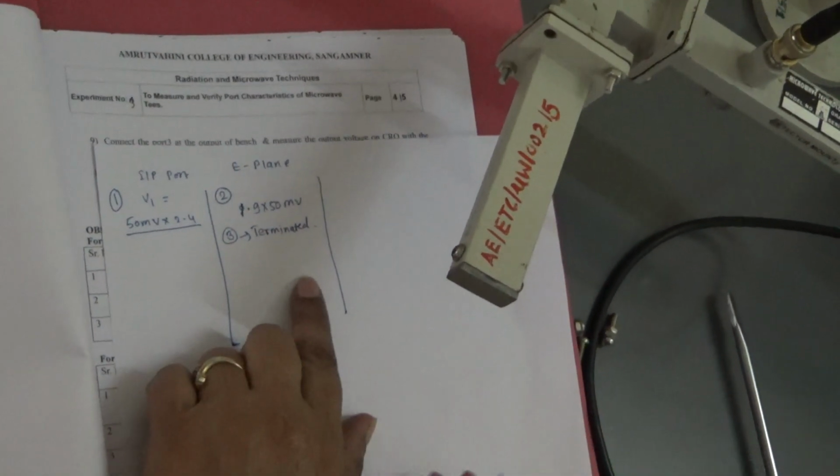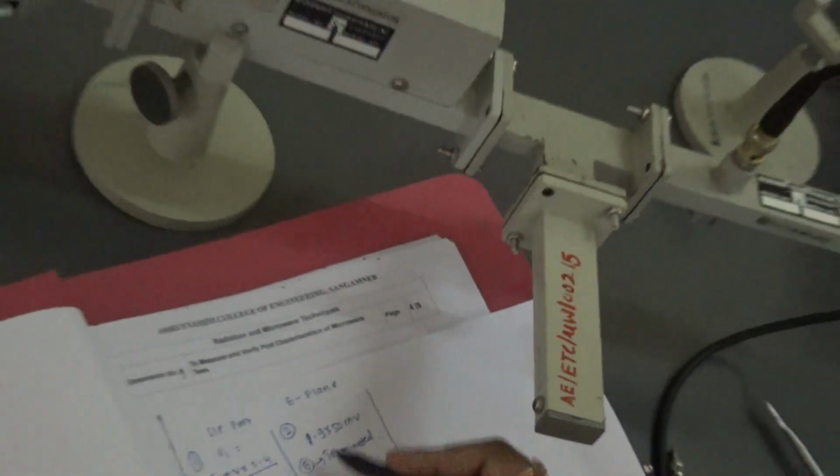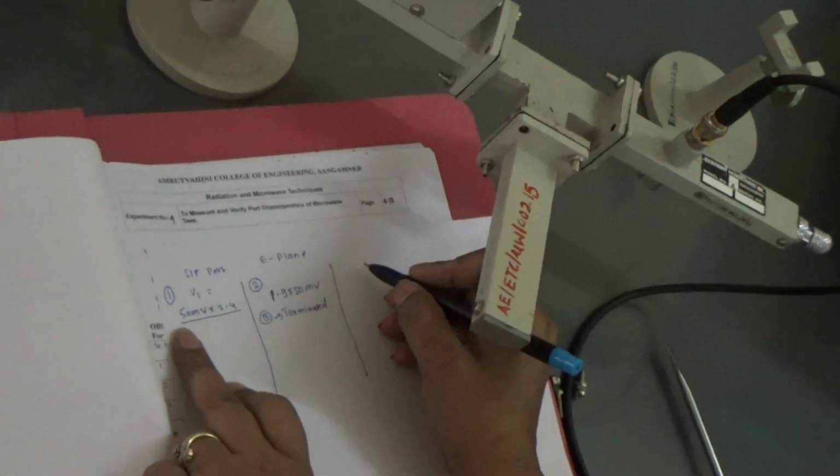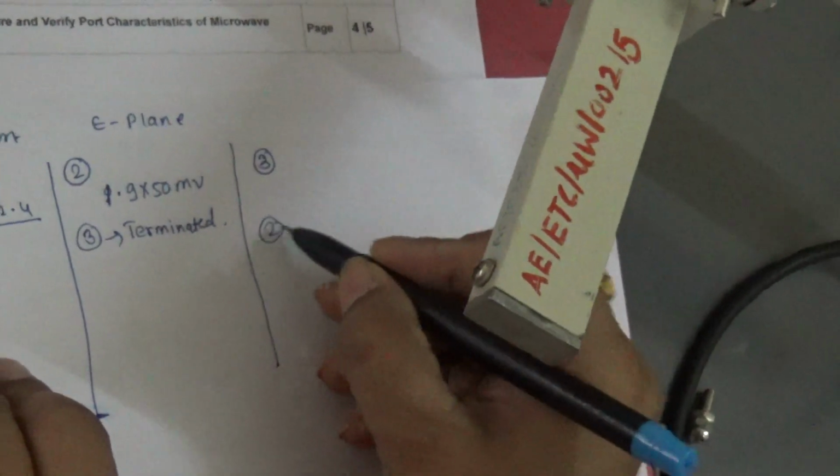Right? Now what you have to do, keep the input at this port only, okay, and you measure the output on which port? You measure the output on the third port. And second port you have to terminate, right?